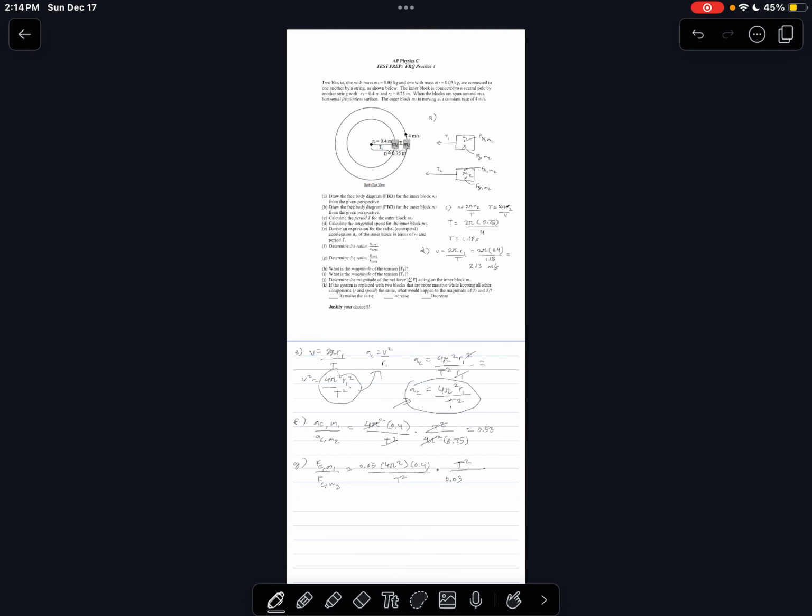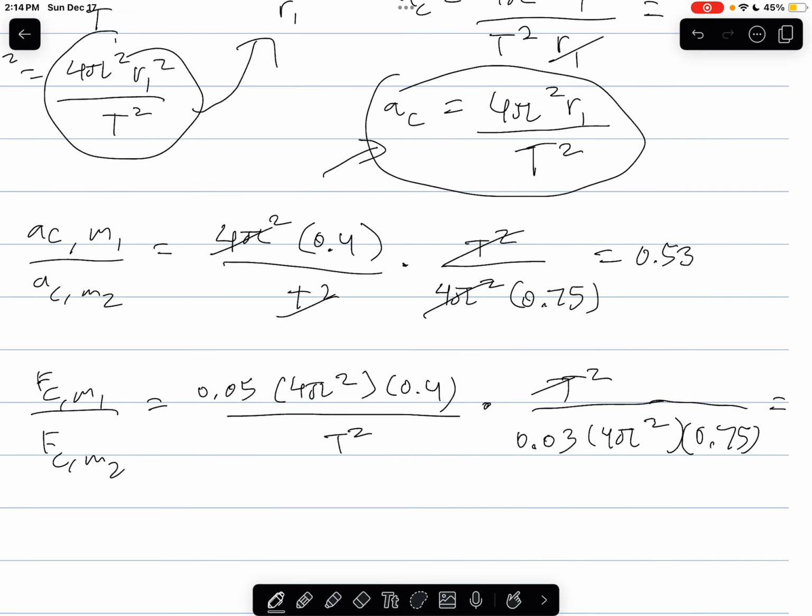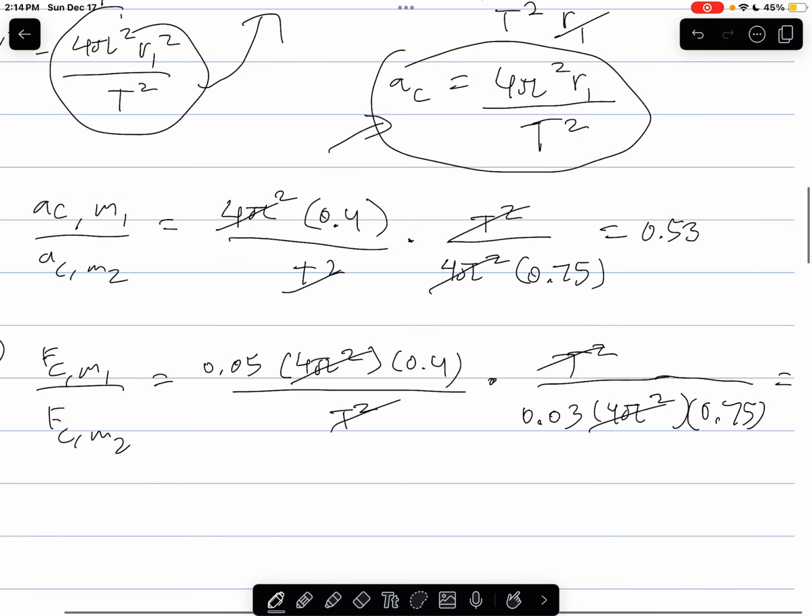The mass of M2 was 0.03, with radius 0.75. That just leaves you with the mass and the radius.